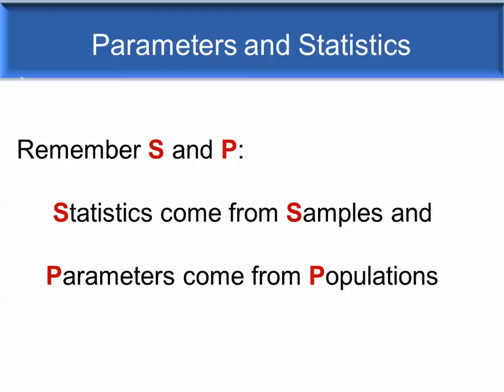The other piece to remember is, again, a parameter is not something that you're going to calculate about the population. We're going to use a statistic about a sample to help us infer, or estimate, the actual parameter.